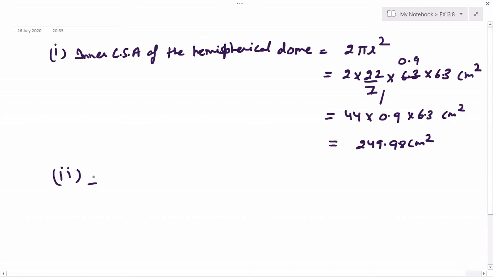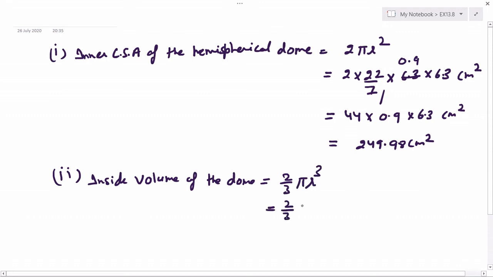This is the first part, and in the second part you have to find out the inside volume of the dome. So inside volume of the dome means you have to find out the air inside the dome. It means you have to find out the inside volume of the dome, which is equal to 2 by 3 pi r cube, right? So this is 2 by 3, pi is your 22 upon 7 and r is your 6.3 raised to power 3 and this is centimeter cube, right?